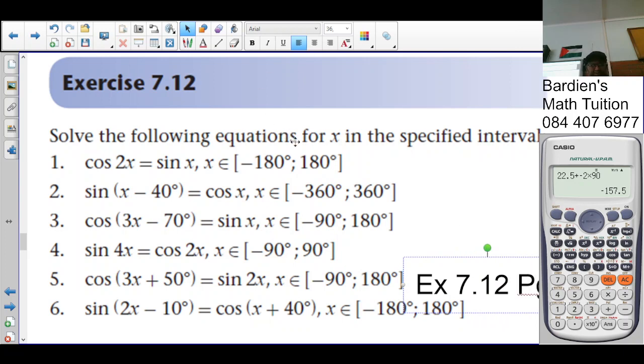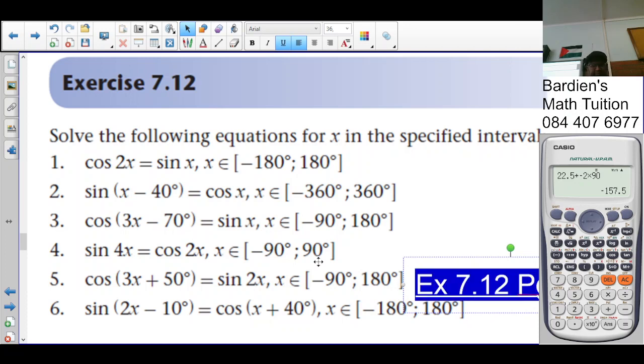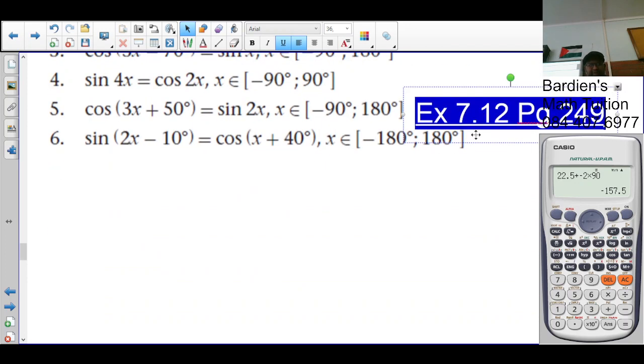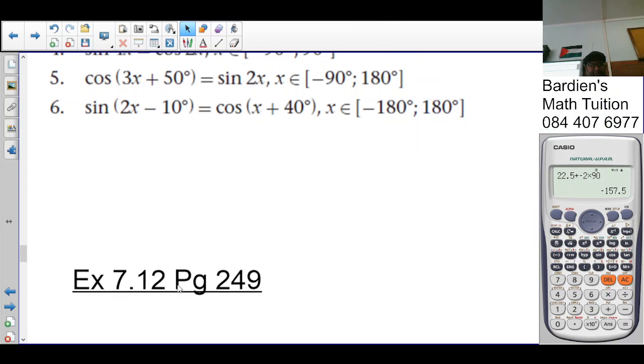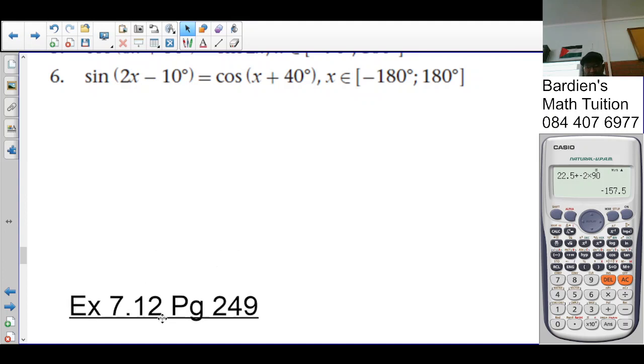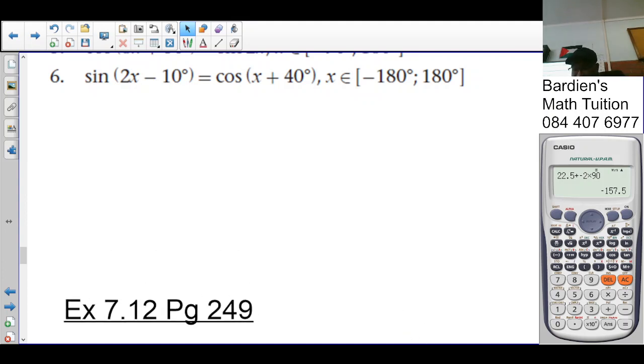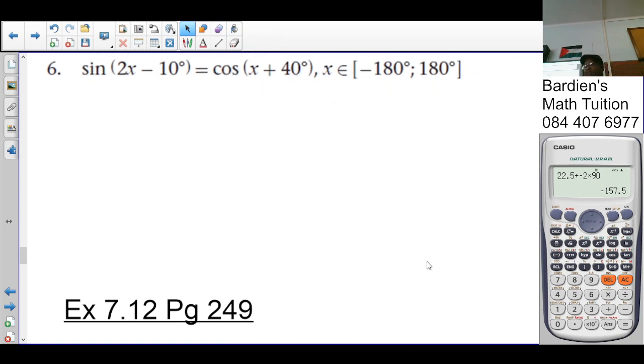It's on page 241. Right, there's number 6. I'll give you a minute to sort yourselves out first. We'll try the sum first, and then we'll take it from there, okay? So try quickly.